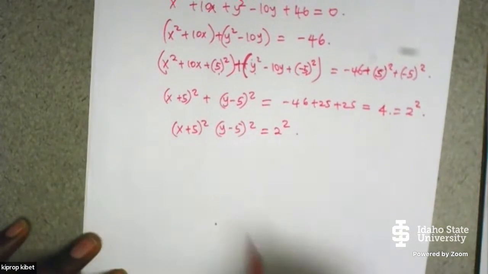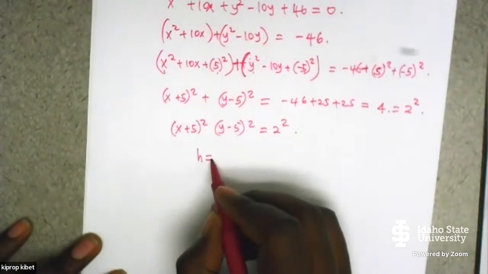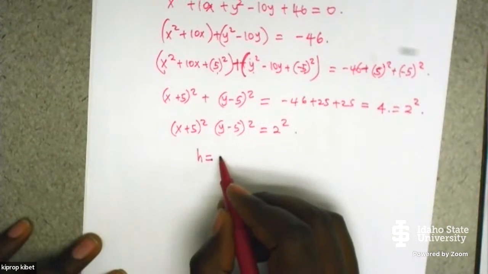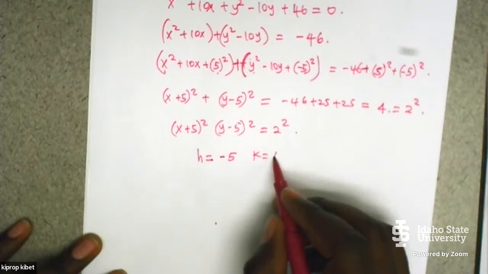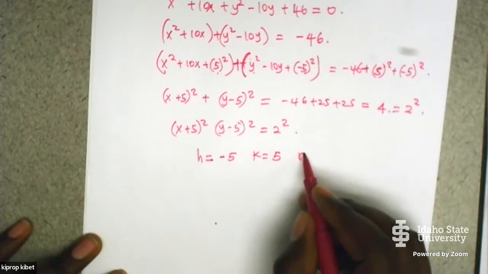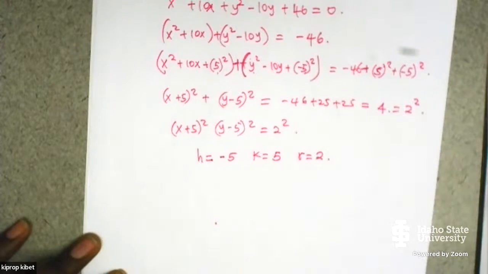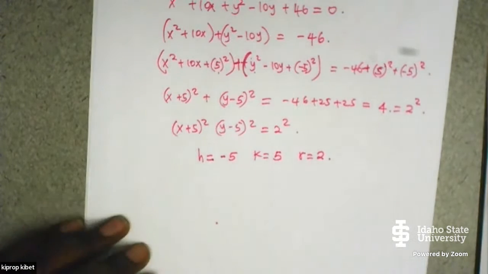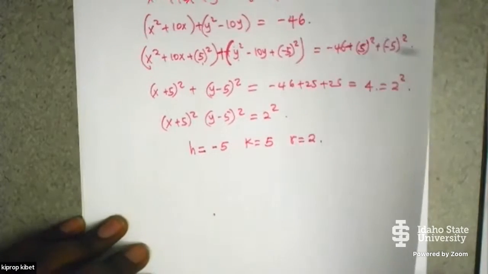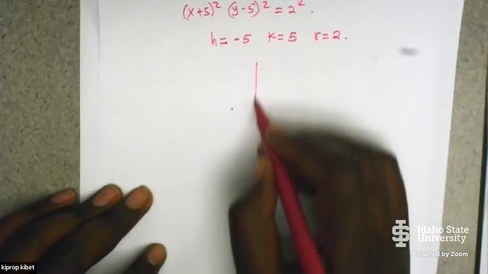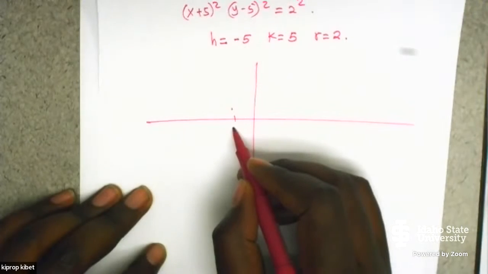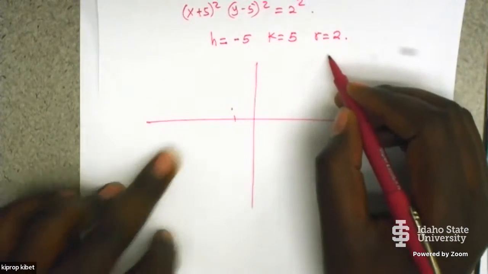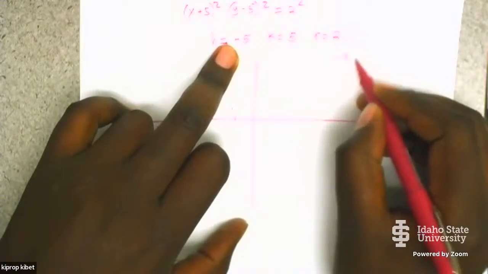So therefore, our h is -5, our k is 5, and our r is 2. So you now come and graph this one. Our center here will be (-5, 5).